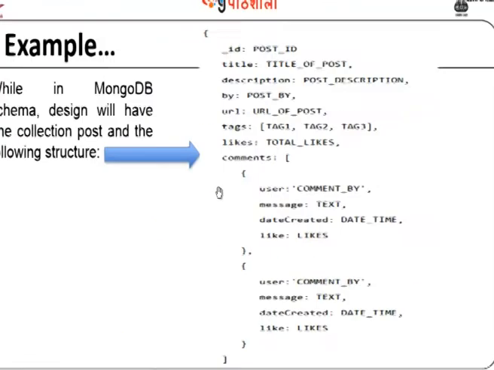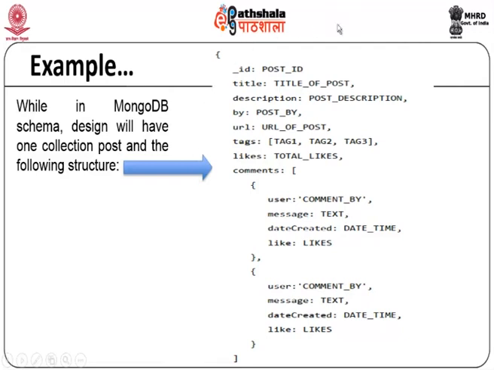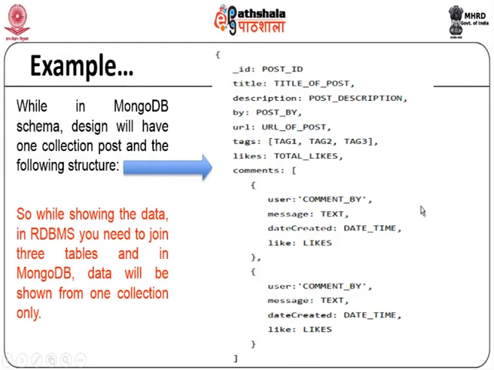So, when you take a look at this, you will find only one single collection for the concept called post, which together has integrated the details about the users, the comments posted, and also the tags related to this post. Now, this will help in reducing the space associated to the given scenario.